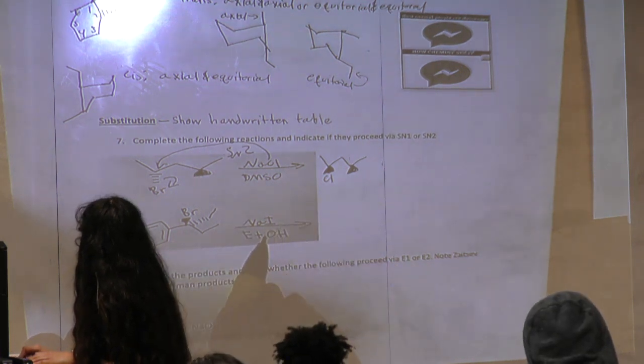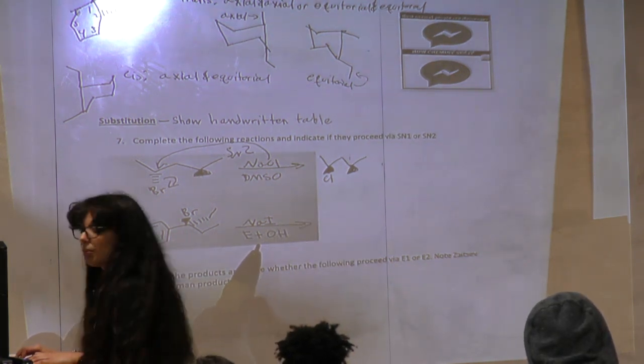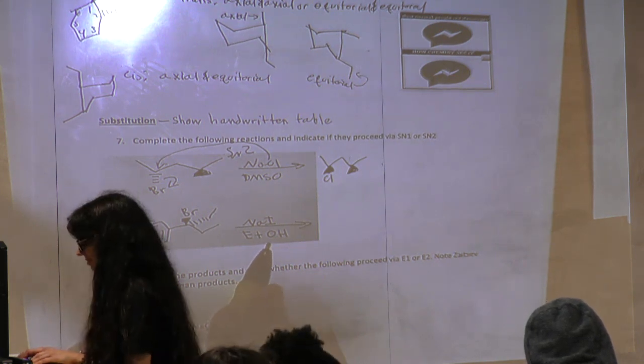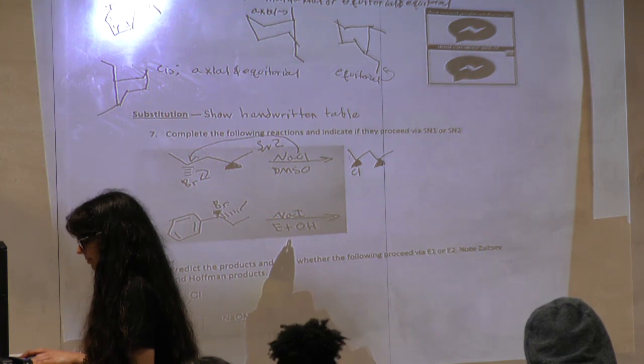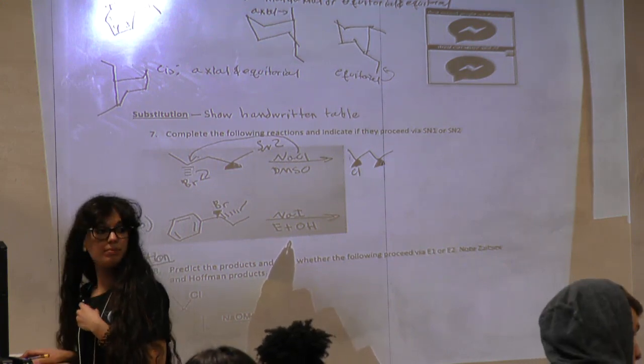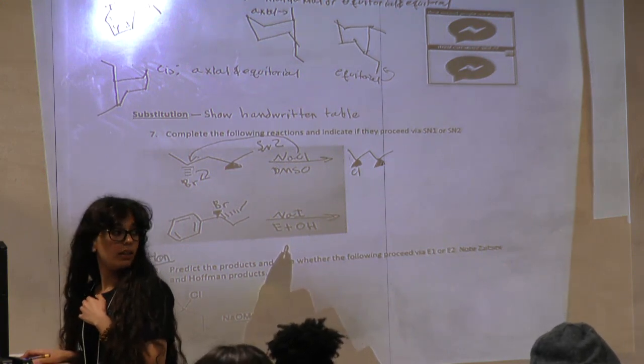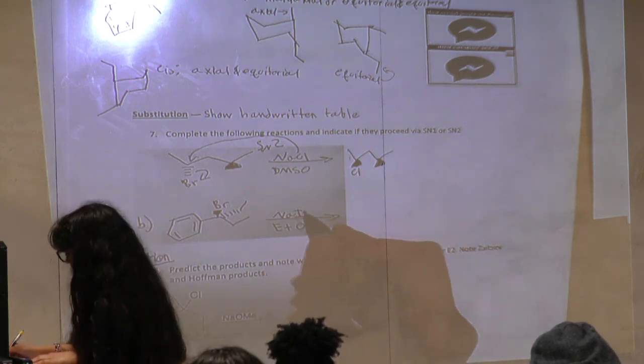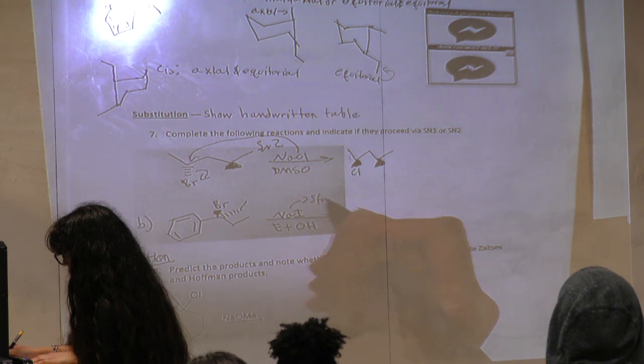Now what about B? Is this SN1 or SN2? SN1, perfect. So we have NaI. This is a strong nucleophile.